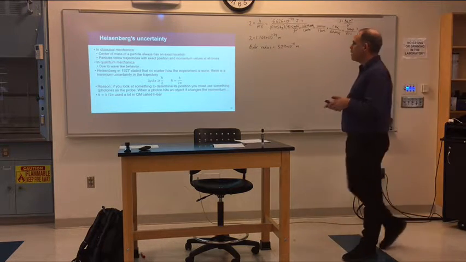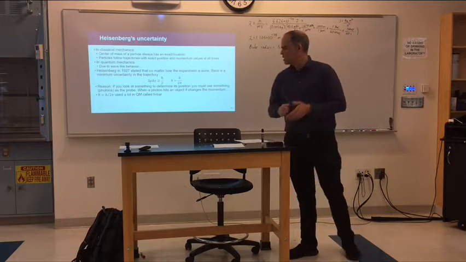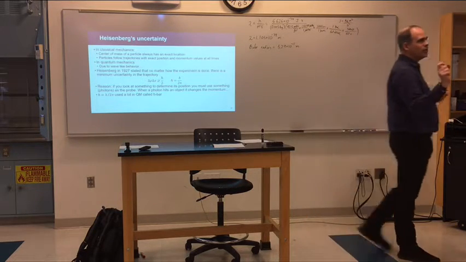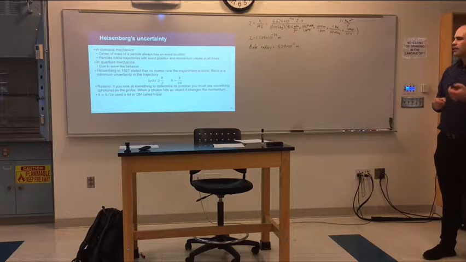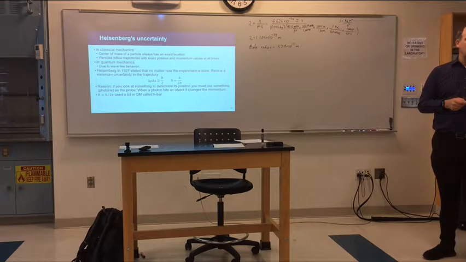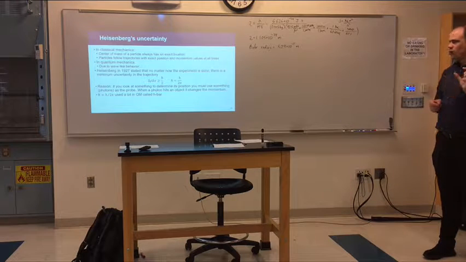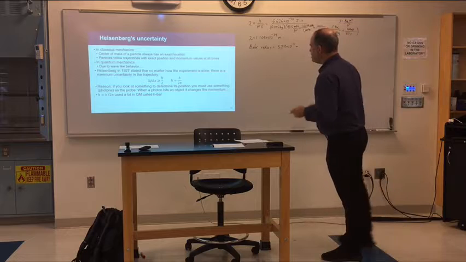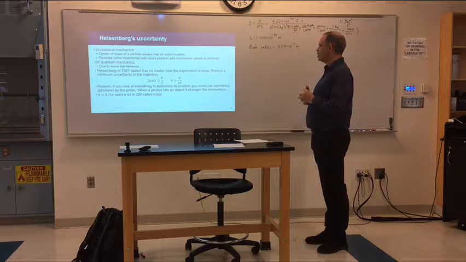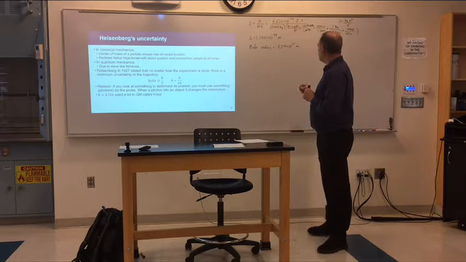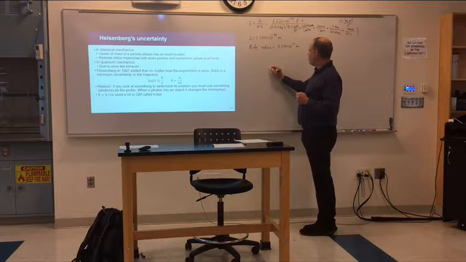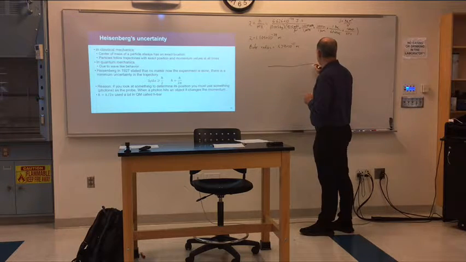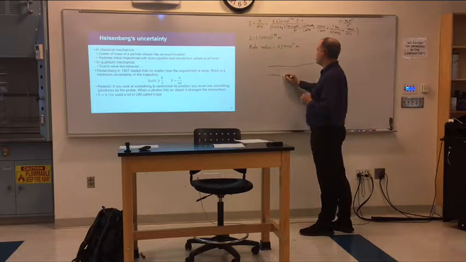Okay. Now the reason that this is the case: if you're trying to probe something's position on the atomic scale, let's say we're trying to figure out the location of an electron, or the location of something, there's a couple ways of probing where something is located. So let's start with the position.